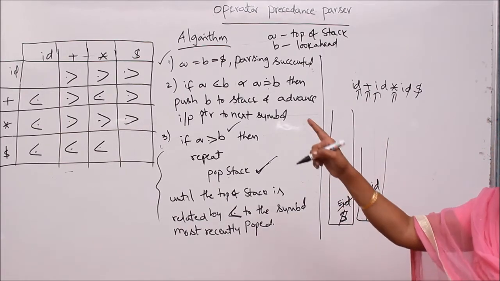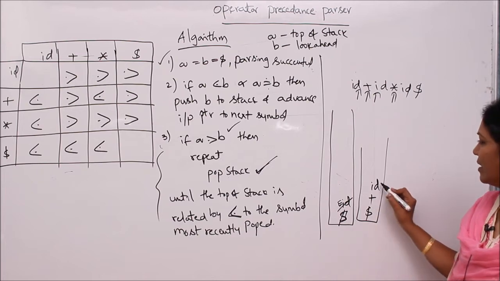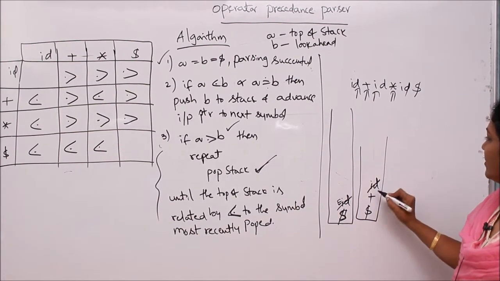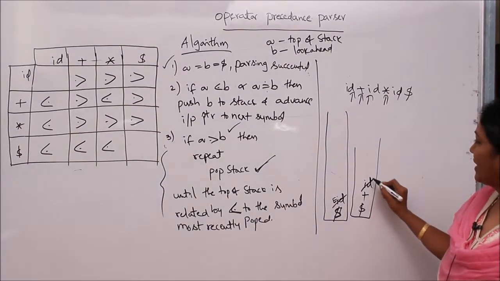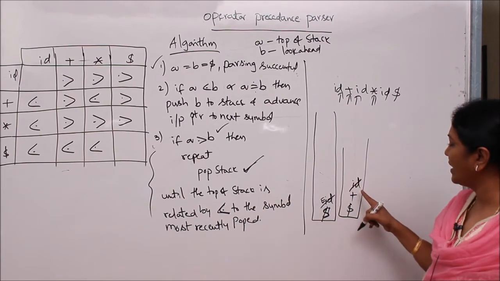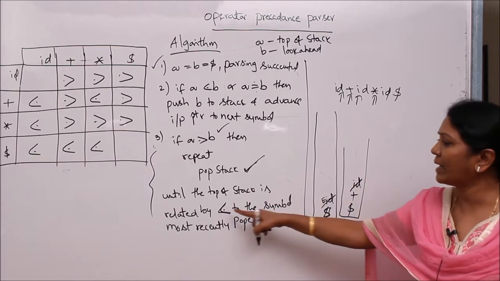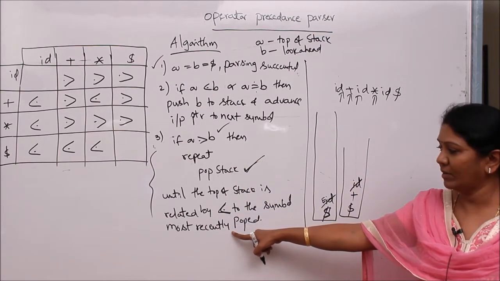What is id on star? Look at this, greater precedence. That means pop this and compare this with plus. So plus with id is less. How far do we have to pop the symbols? Whenever you take out this and this recently popped, these two should be compared. Whenever it is less, see, it is a repeat until loop.